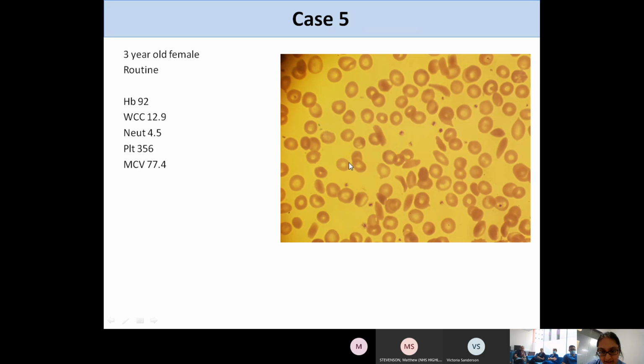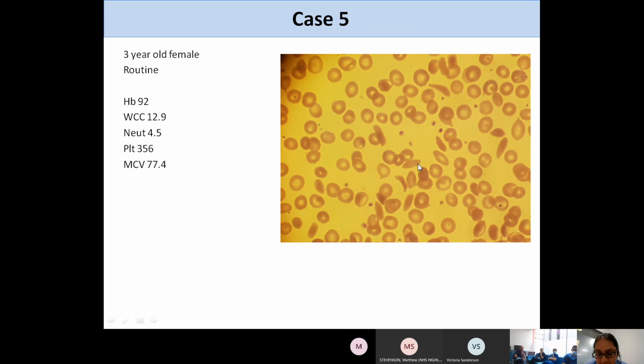So we've got normal red cells here, but you can also see a lot of these funny looking cells that, well, hopefully I can convince you they look like a sickle. So, like a sickle to shear wheat. So these are sickle cells here.